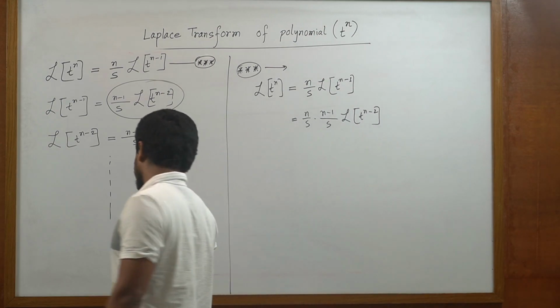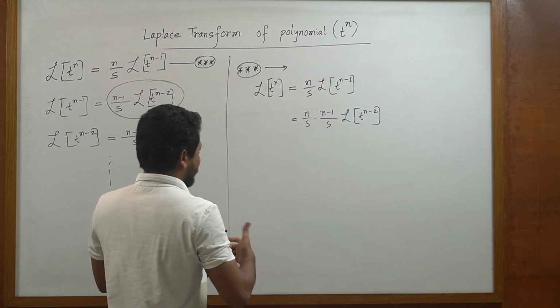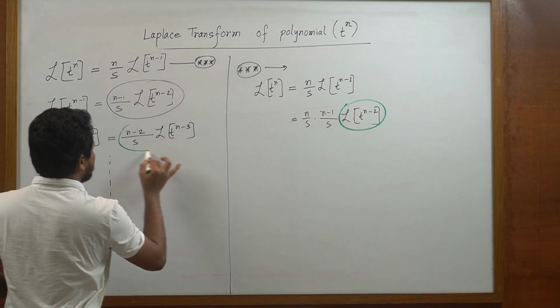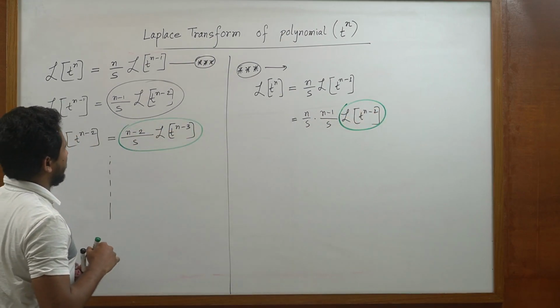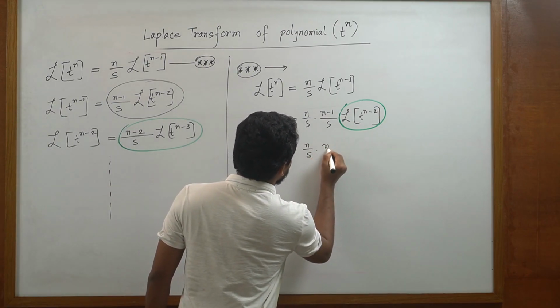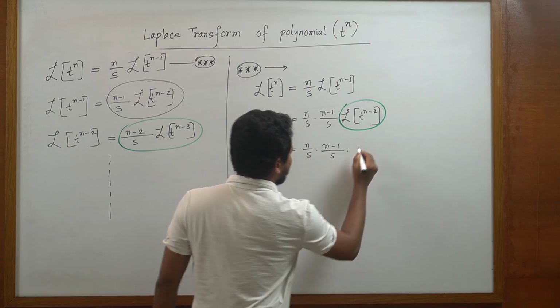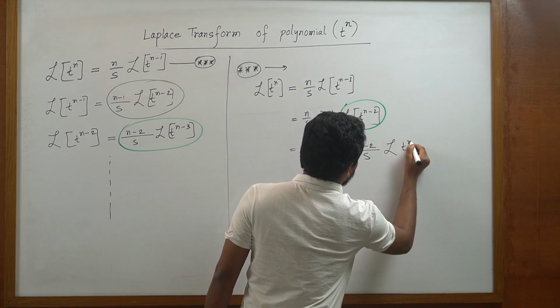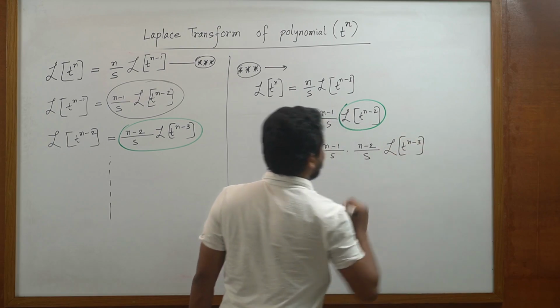Okay. Now we will substitute Laplace transform of t to the power n minus 2, and that is n minus 2 by s Laplace transform of t to the power n minus 3. So n by s into n minus 1 by s into n minus 2 by s Laplace transform of t to the power n minus 3.